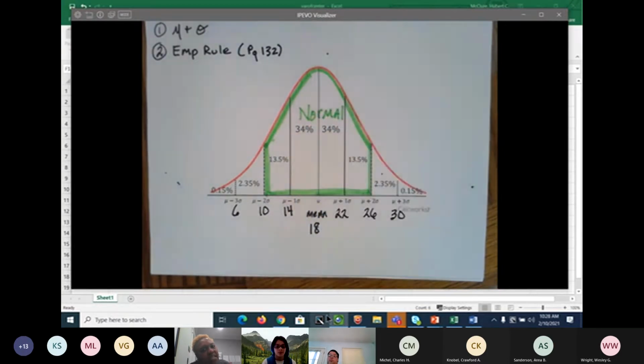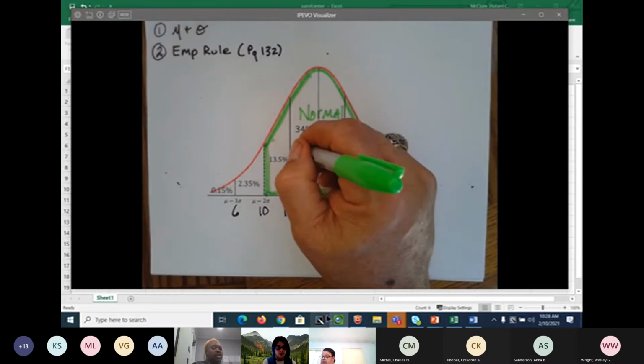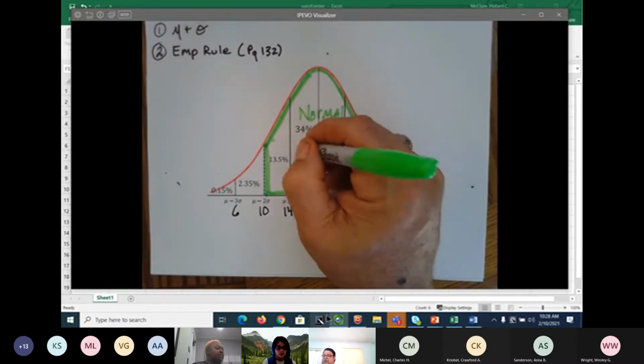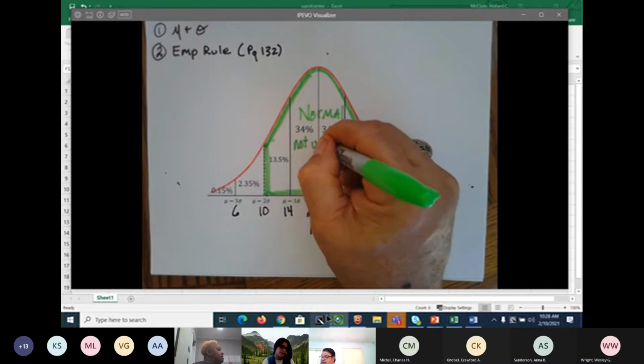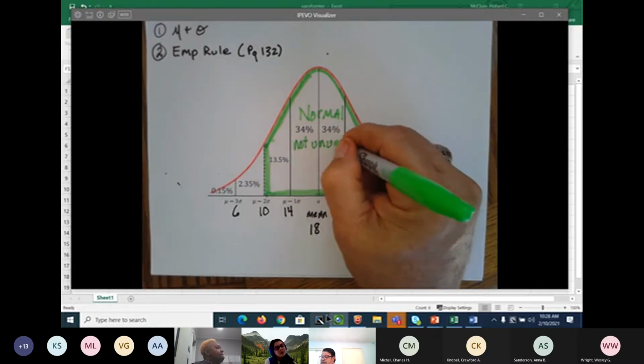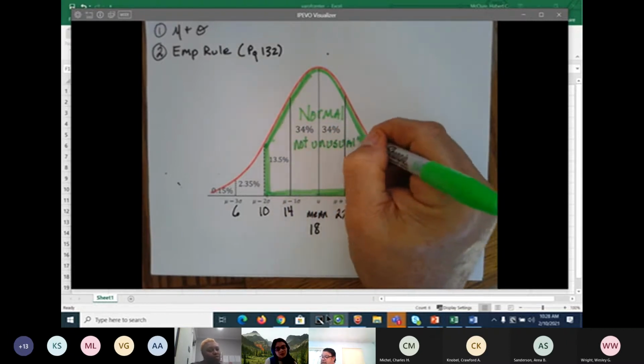So anyway, those are considered to be normal. 95%. If 100 people fall out of a plane with parachutes, 95% are going to fall within a certain part. That's what this is saying. Also, this is what they like to call it, not unusual. Don't ask me why.